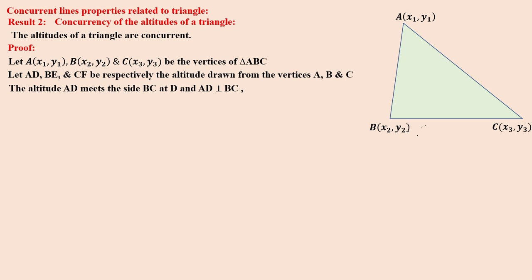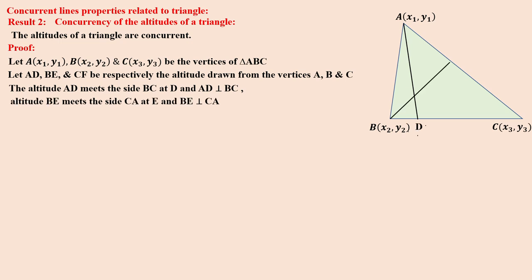So AD is the altitude from the point A, which is perpendicular to the opposite side BC.